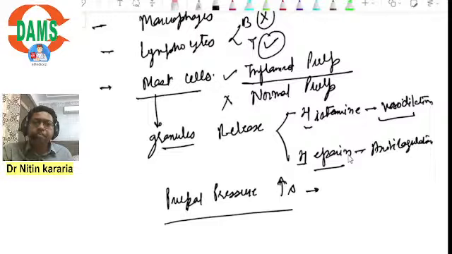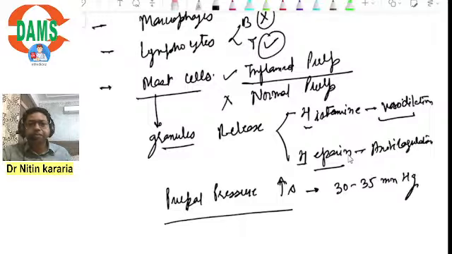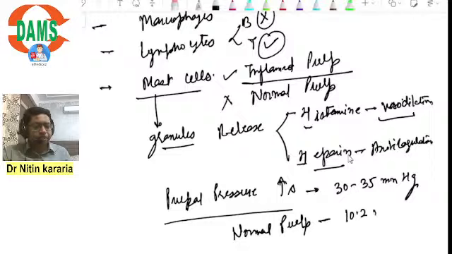So what is the pulpal pressure in an inflamed pulp? It is in the range of 30 to 35 millimeters of mercury for an inflamed pulp. For normal pulp, what is the intrapulpal pressure? All of you must be knowing, 10.2 millimeters of mercury, or sometimes 14 centimeters of water column.